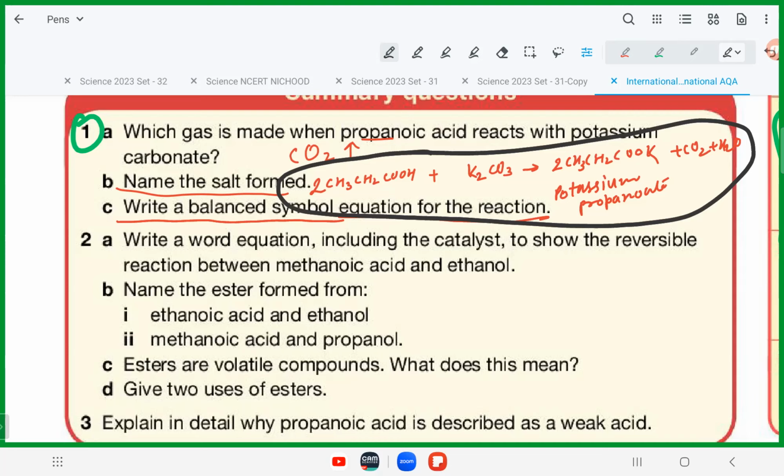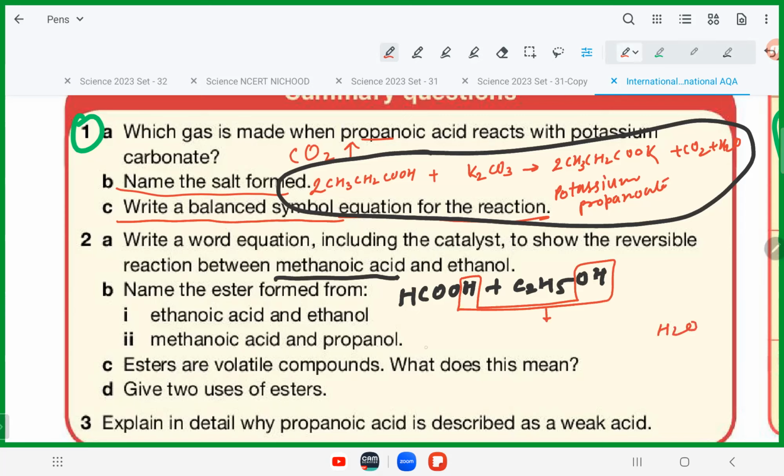Next question, can you tell me? Write a balanced equation including the catalyst to show the reversible reaction between methanoic acid and ethanol. Methanoic acid is HCOOH and ethanol is C2H5OH. So how does the reaction take place? Acid has H and this is OH, right? So what will be there?